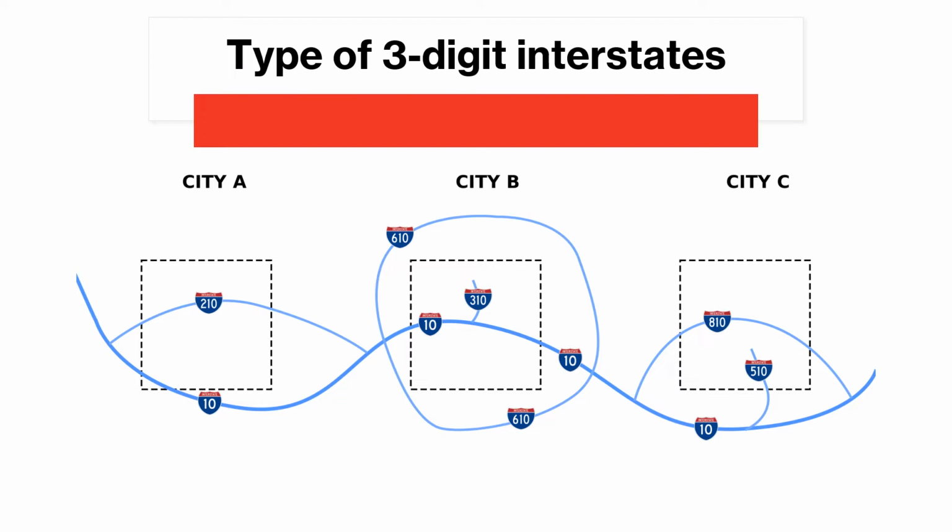You have 610 that loops around the city, whereas 10 goes into the city, and 310 is a spur from that. And then you have 10 that bypasses again with 810 going into the city, and 510 is a spur that goes into the city.